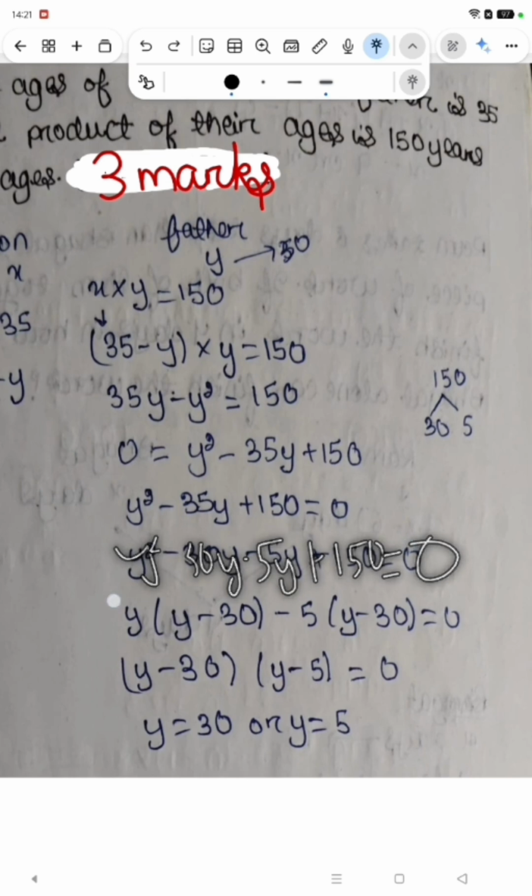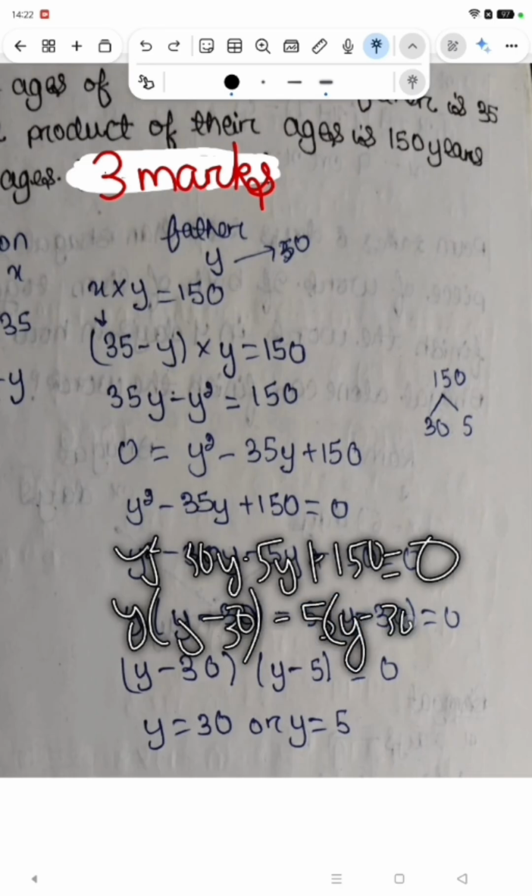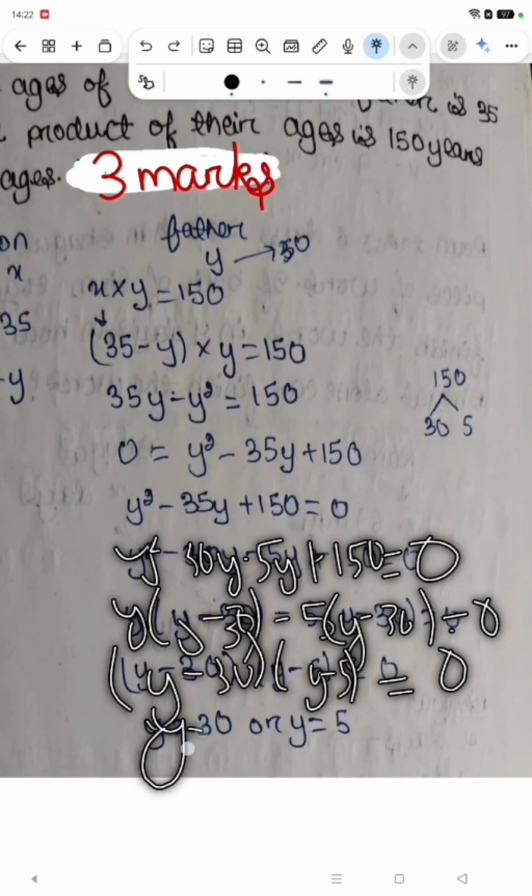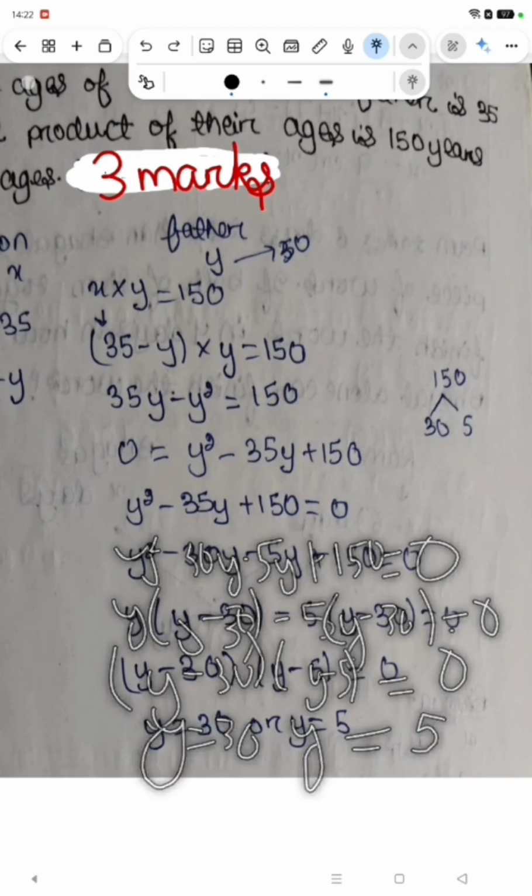Taking y common, y into y minus 30, and minus 5 common, we get y minus 30 and y minus 5 equals 0. So y equals 30 or y equals 5. Two values we get.